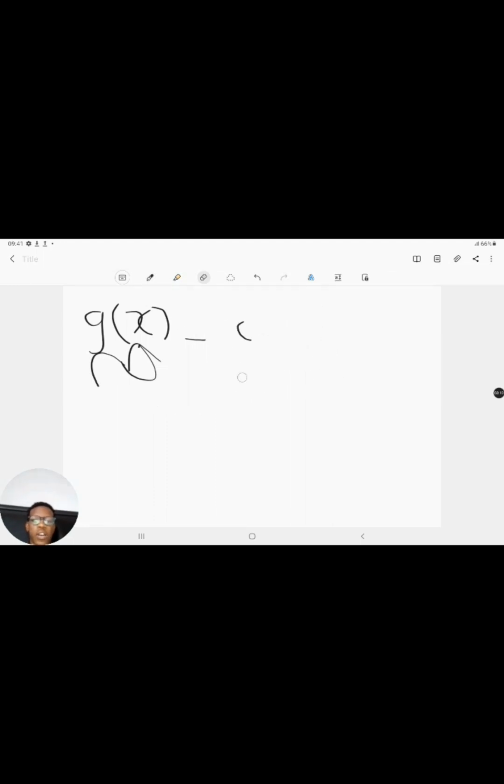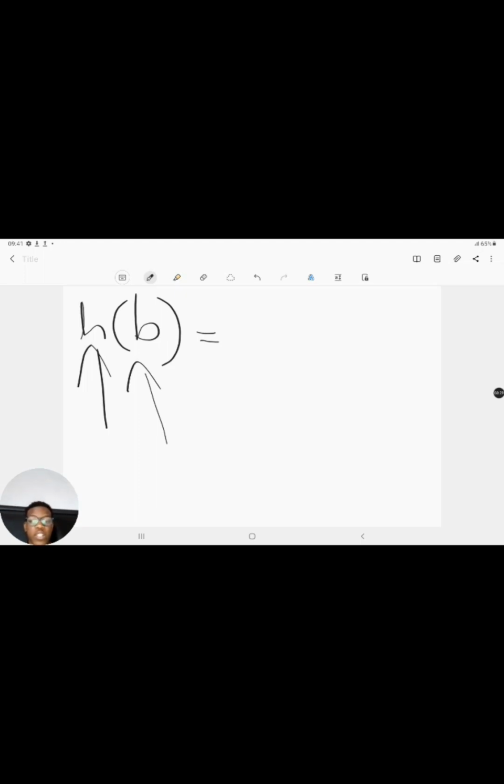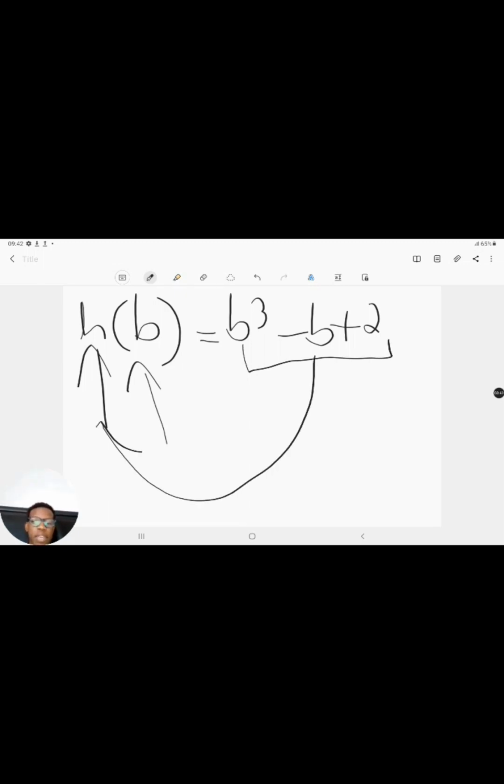Another example, let's say you've got h of b. This tells you that this is a function called h made up of b's. So you could have b to the power of 3 minus b plus 2. This is a description of a function called h that is made up of b's. So that is what that means.